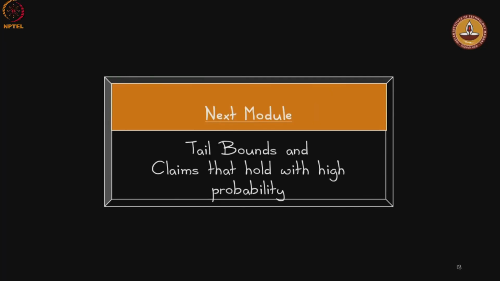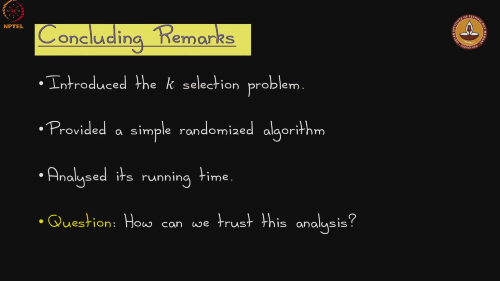So with that we come to the end of this module 2, where we talked about random variables and the expectation of random variables, and we looked at a couple of examples. In the next module, we will be talking about tail bounds, and we will address exactly this question that is hopefully rankling you.